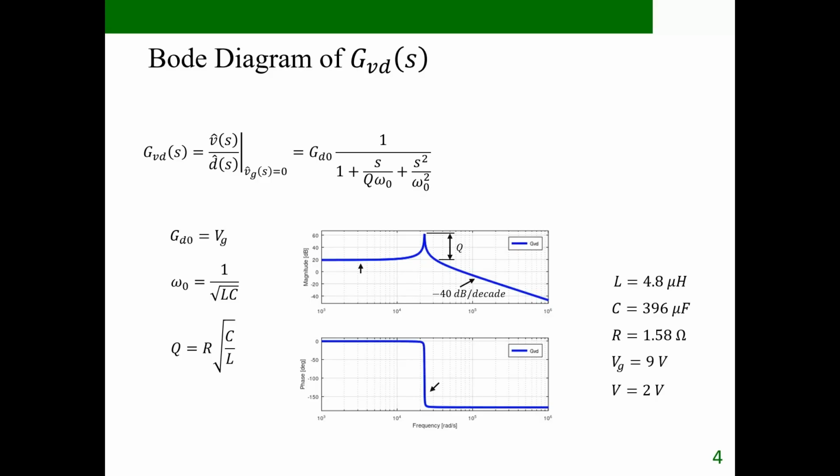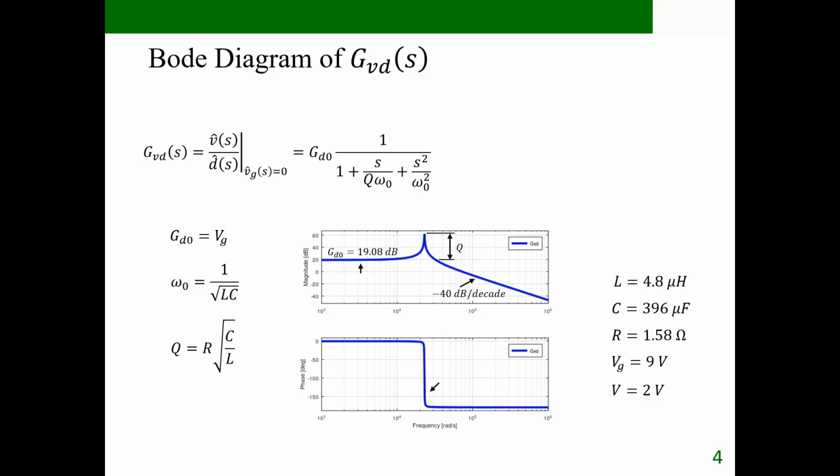These are the electrical parameters used for this plot. Inductance is 4.8 microhenries, capacitance is 396 microfarads, load resistance is 1.58 ohms, input voltage is 9 volts, and output voltage is 2 volts. From these values, we compute the DC gain, which is approximately 19.08 decibels.